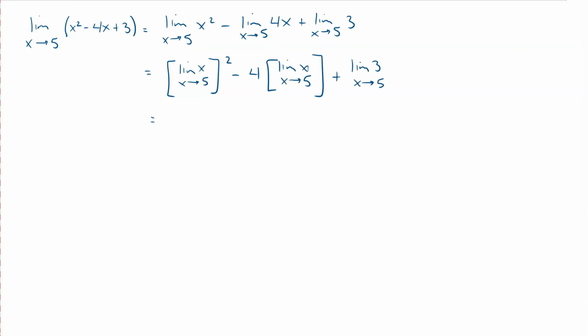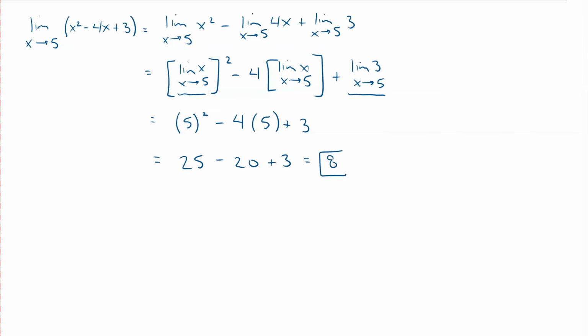Which then gives me, evaluating the limit of x as x goes to 5, 5 squared minus 4 times 5 plus the limit of 3 as x goes to 5 is just 3. That gives me 25 minus 20 plus 3, which is 8.